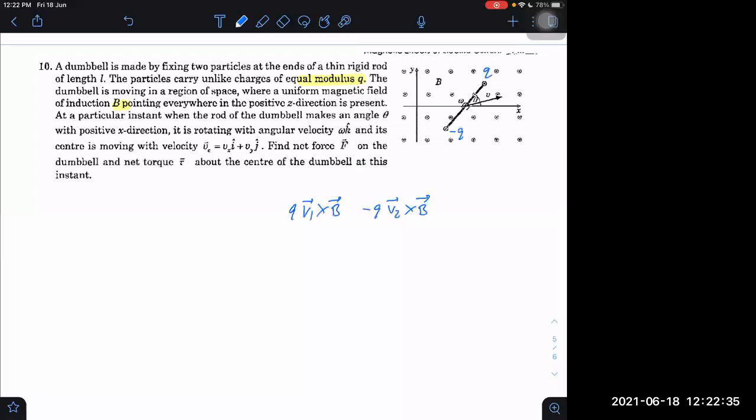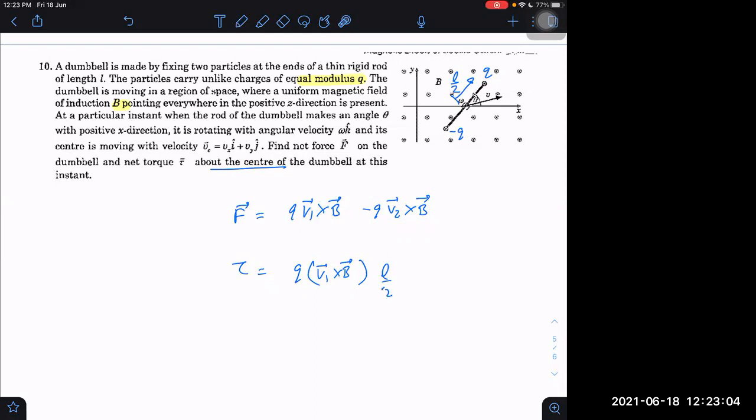What is the net torque? Net torque can be found by taking about which point? About the center. So I can write torque is equal to q v1 cross B into L by 2, because they are mutually perpendicular.